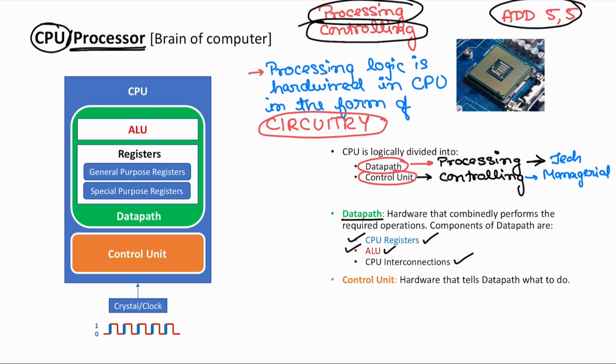Okay, so I think this is all right. The CPU is logically divided into two parts, the data path and the control unit, and we will be having a very descriptive, detailed discussion on the data path as well as the control unit and all the components here, like CPU registers, ALU, CPU interconnection, everything.